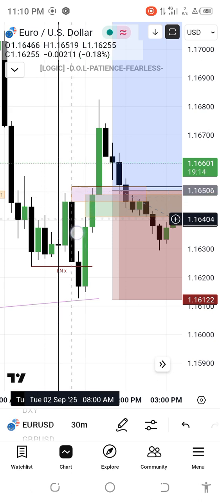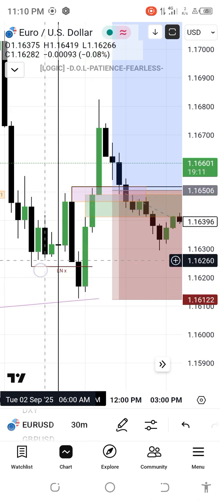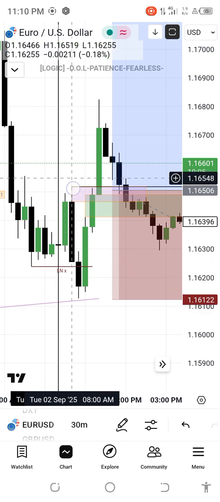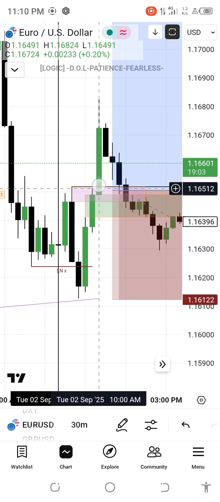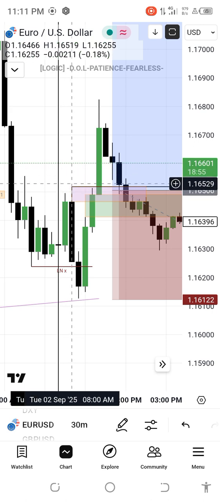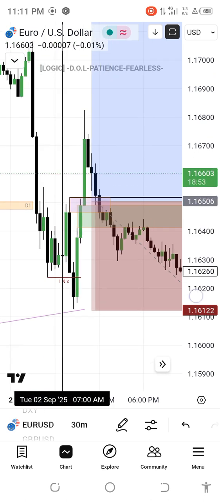Price came down and slammed below the low of London, taking out London lows, taking out sell side liquidity, and immediately after that there was this long energetic expansion to the upside, which broke market structure up here, and that looked juicy to me.